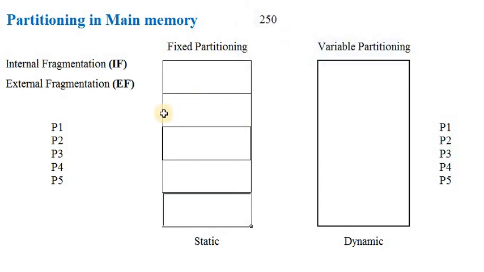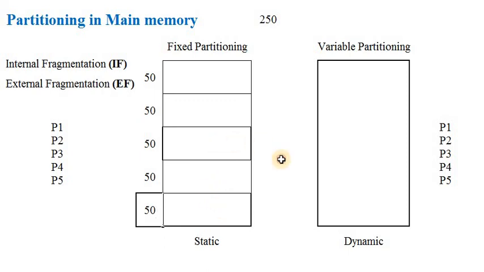Now, these are 5 different partitions, and each partition has the same size as the other partitions, so these are equal size partitions. The first partition size is 50, the second is also 50, the third is 50, the fourth is 50, and the fifth is also 50. So there are 5 equal size partitions in this fixed partitioning technique.